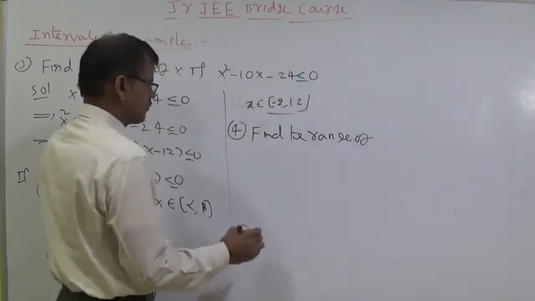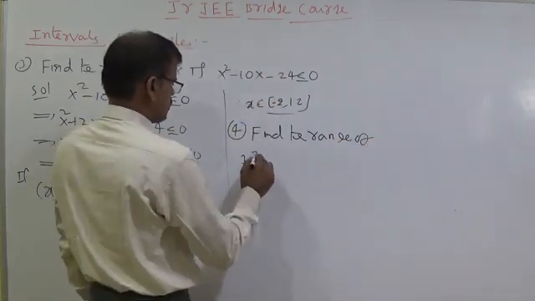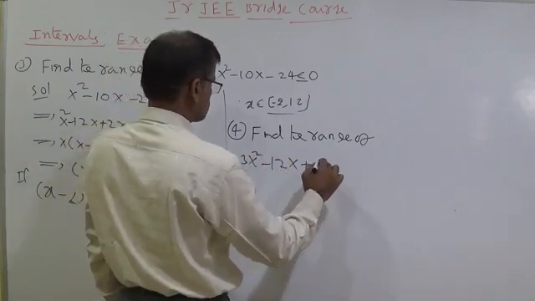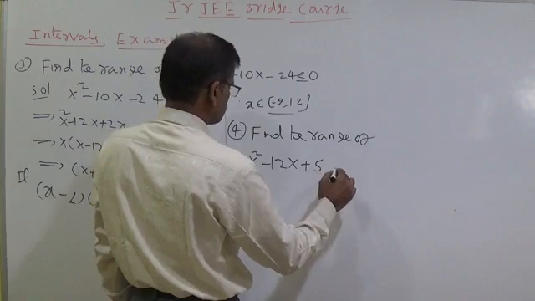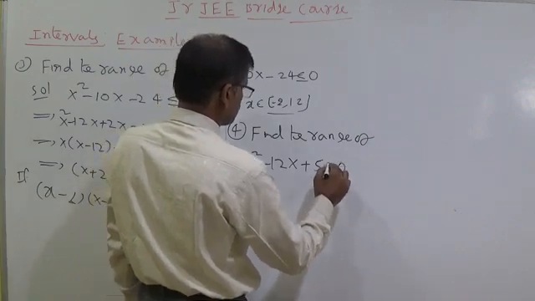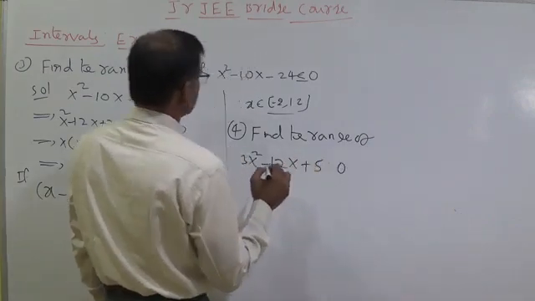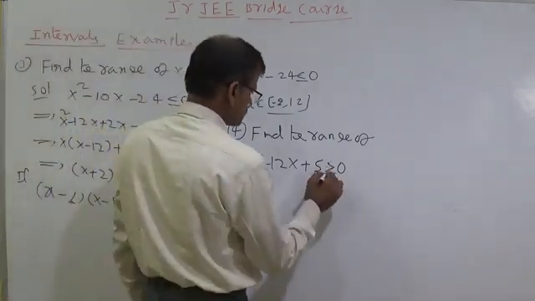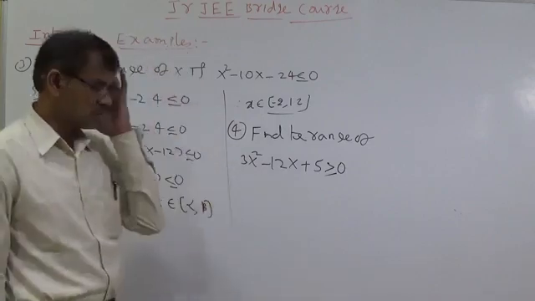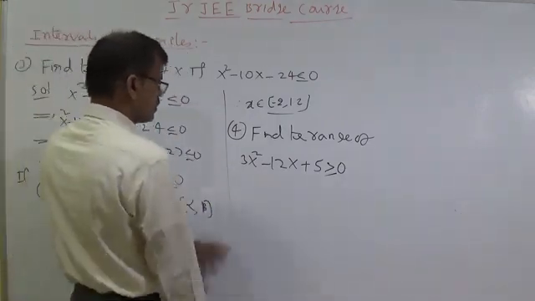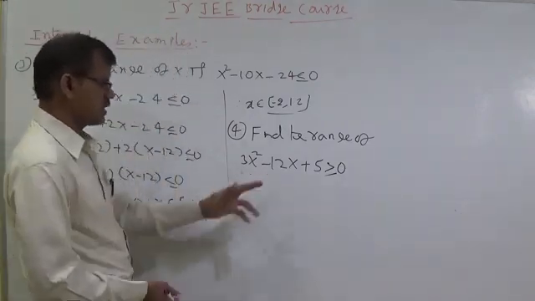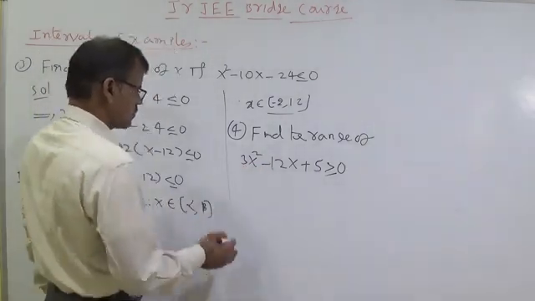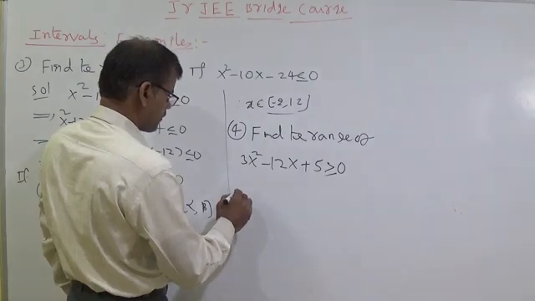If there is no factor, let us discuss: find the range of 3x square minus 12x plus 5. Here we had taken less than 0, oh, now greater than or equal to 0. 3 5s are 15, there is no proper factor for 12, so we should write like this.